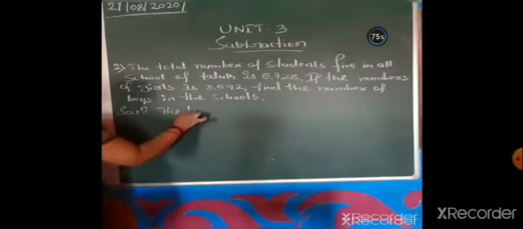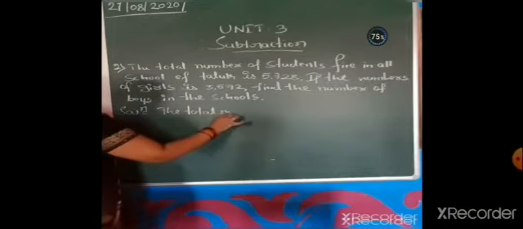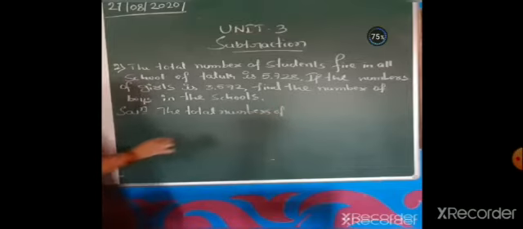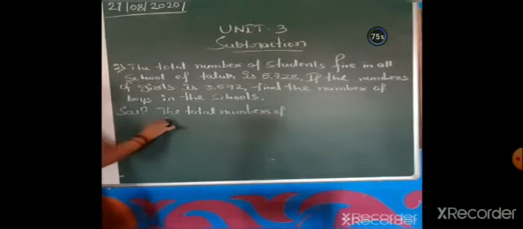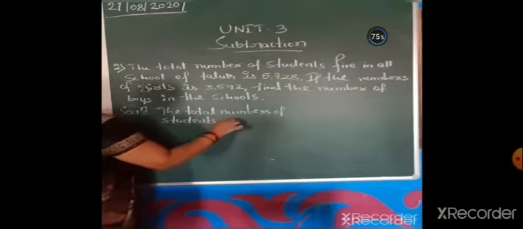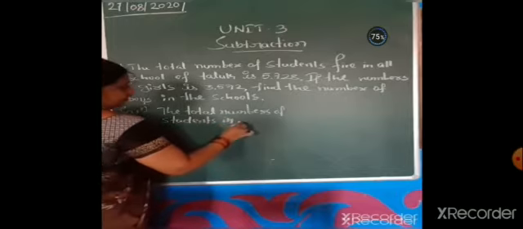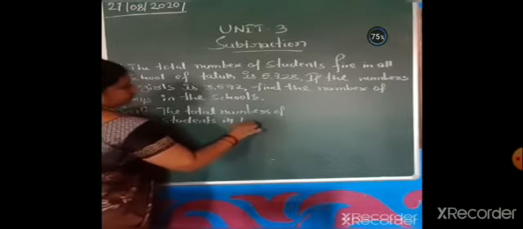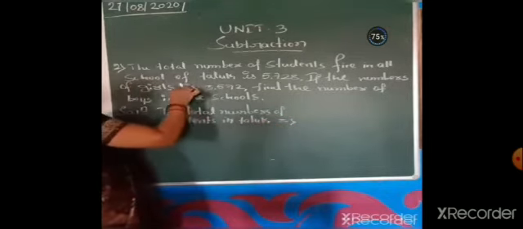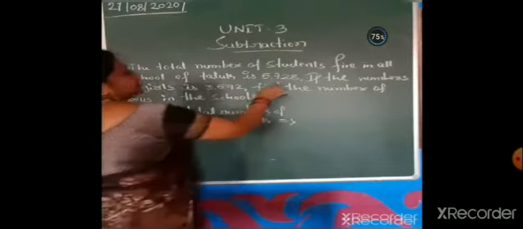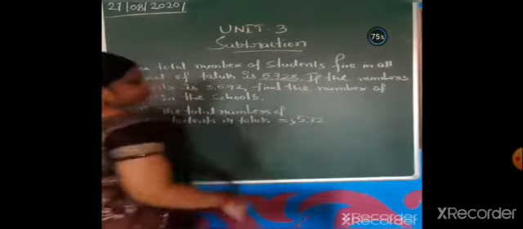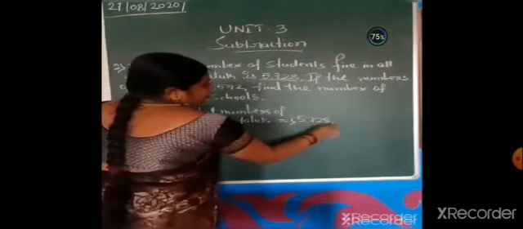Now we start with the statement. The total number of students in the taluka. How many students are there? 5728 students. Okay.